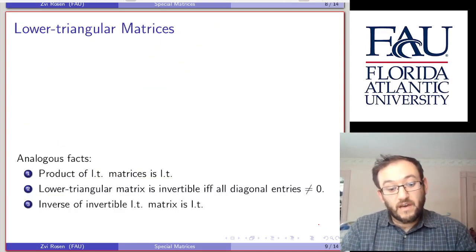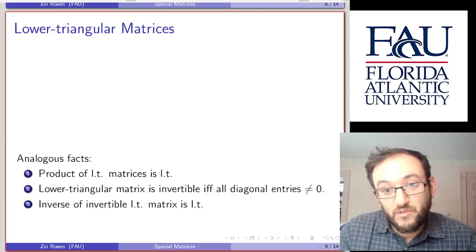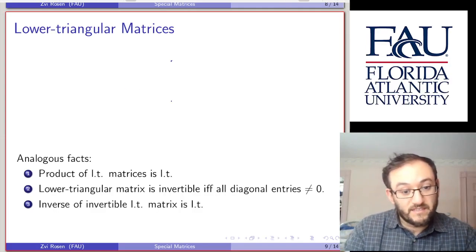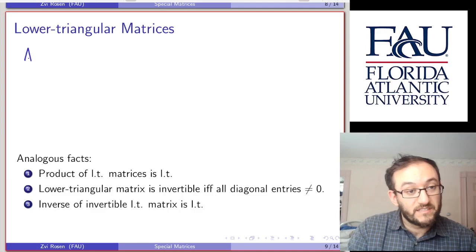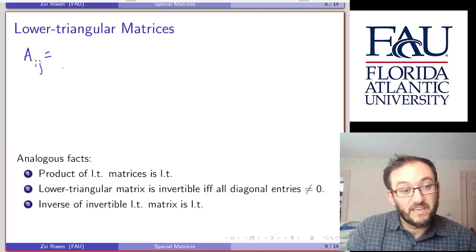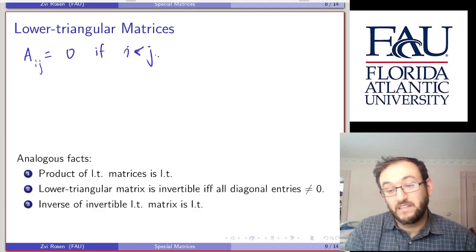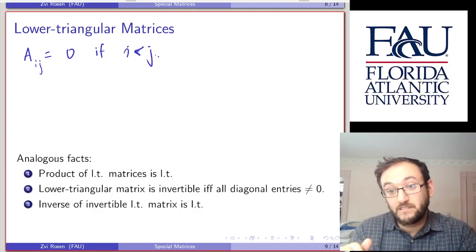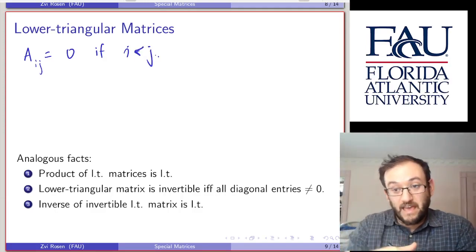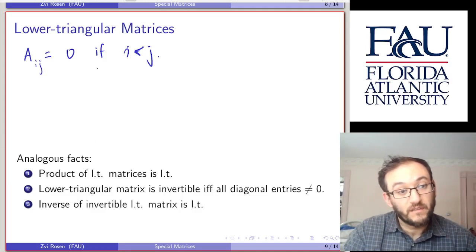Okay, so lower triangular matrix, I'm just going to do a brief slide of this because it's basically the same as upper triangular matrix, except you have Aij is 0 if i is less than j, strictly less. So on the diagonal, it's allowed to be non-zero, and below the diagonal, it's allowed to be non-zero.